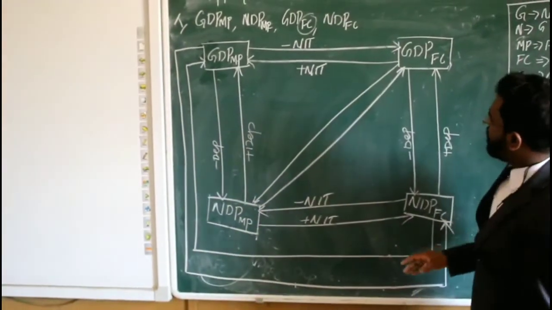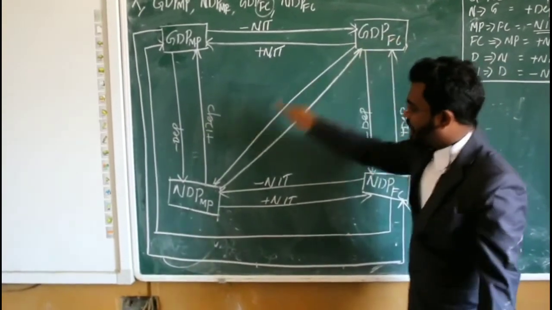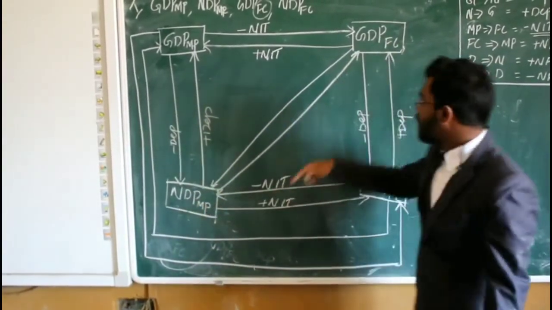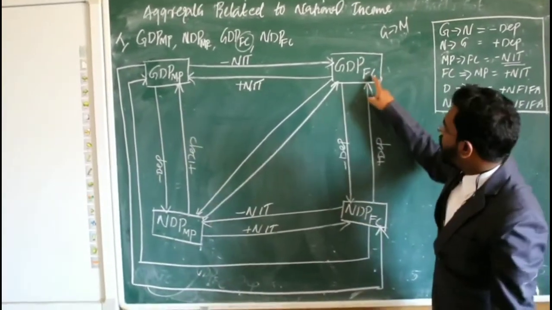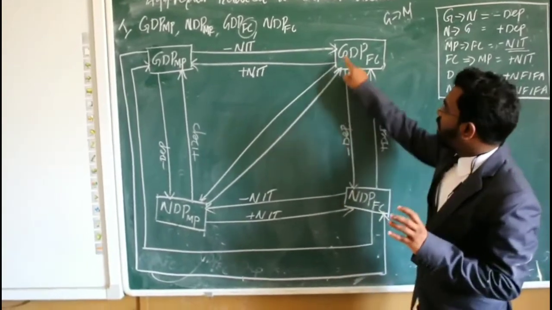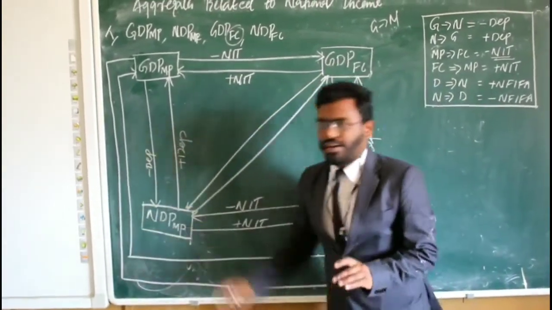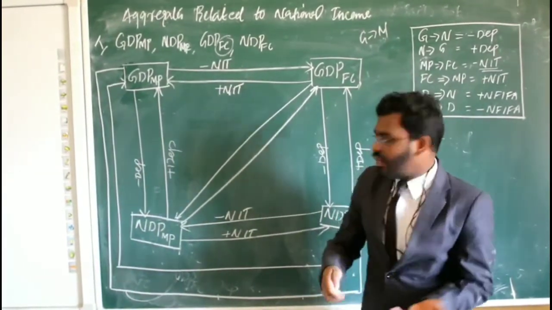What are the changes happening? GDP-FC and NDP-MP. So G is changing to N, and FC is going to change to MP. Firstly, we convert this G into N. How? Minus depreciation.